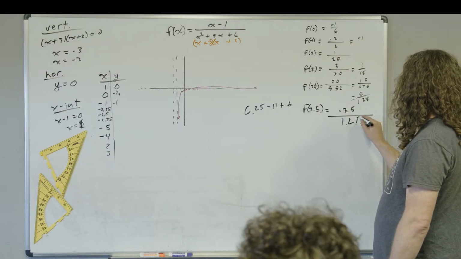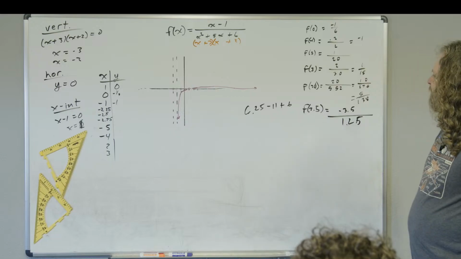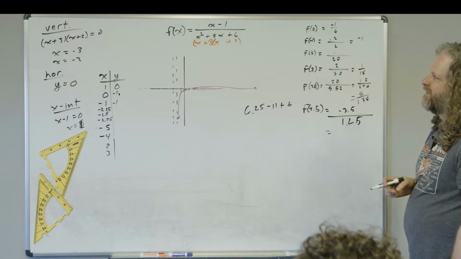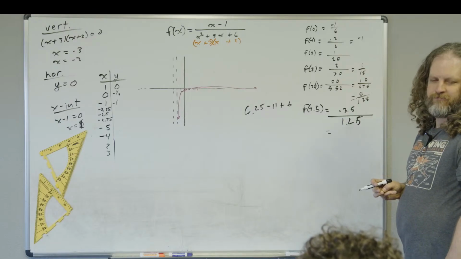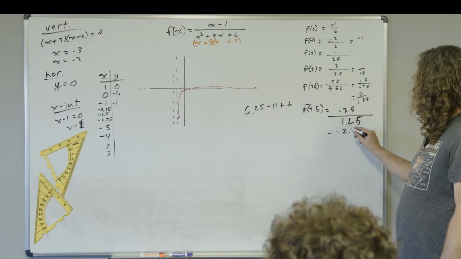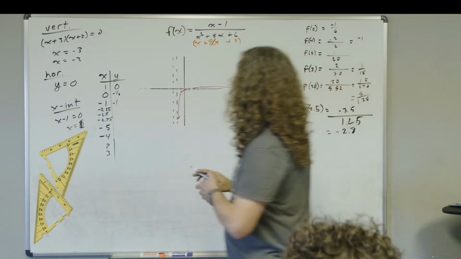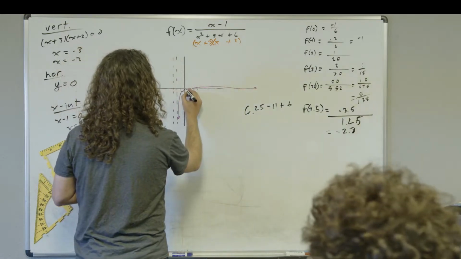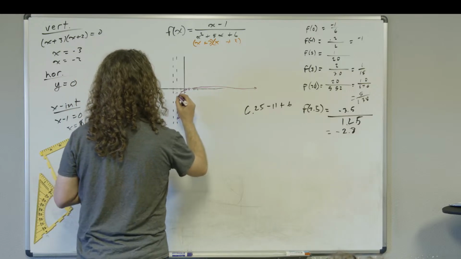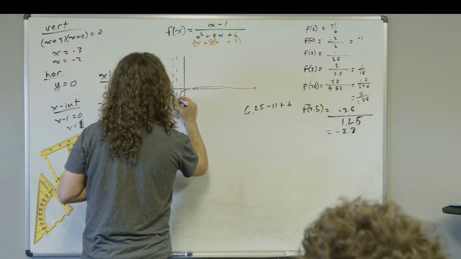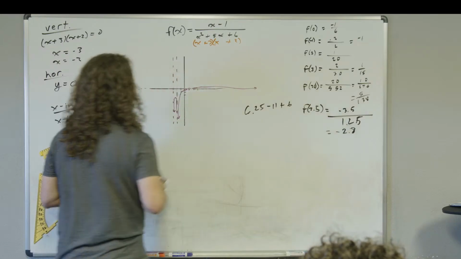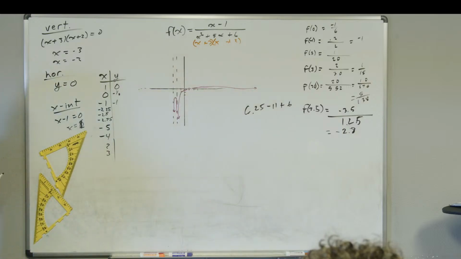Great. Negative 3.5 divided by 1.25. Negative 2 point what? 8. So here and negative 2.8. So it's going to look like this. Right? Yippee. Great.